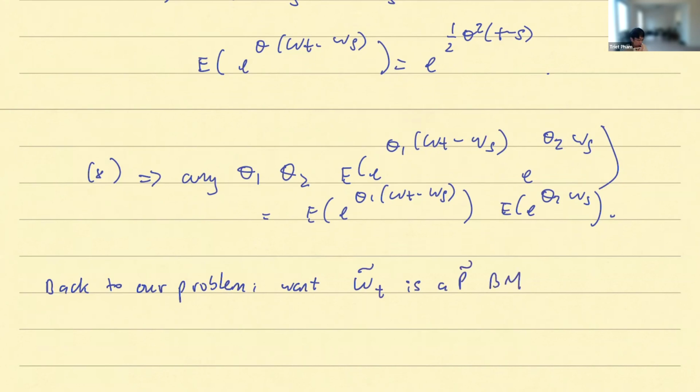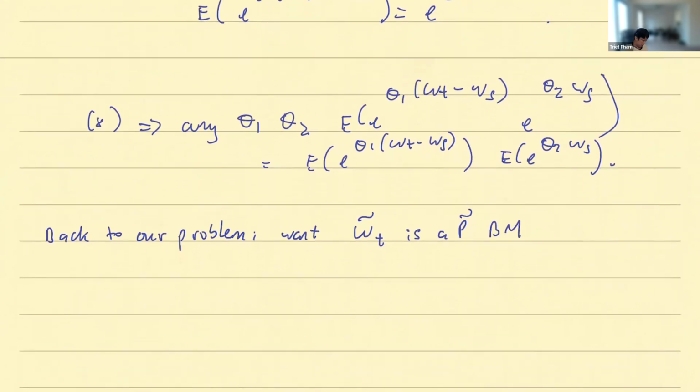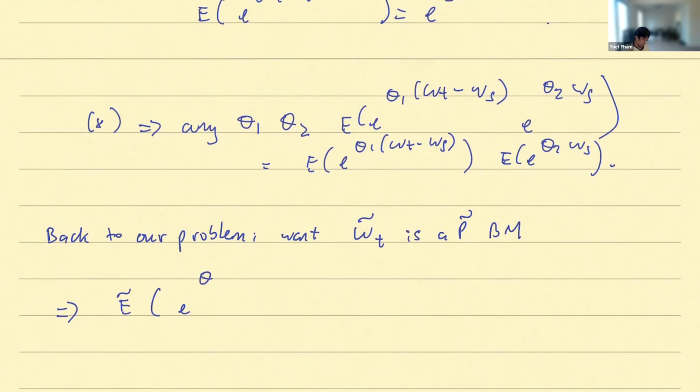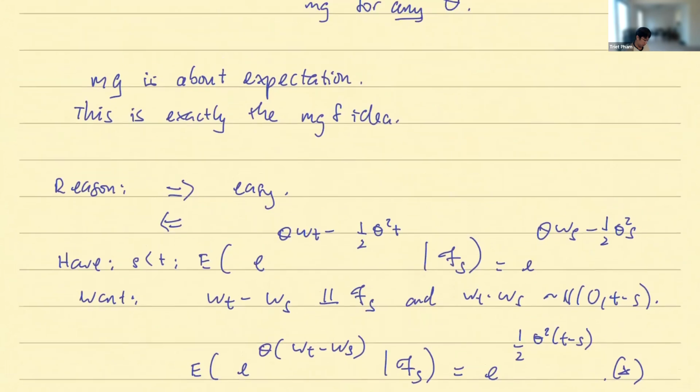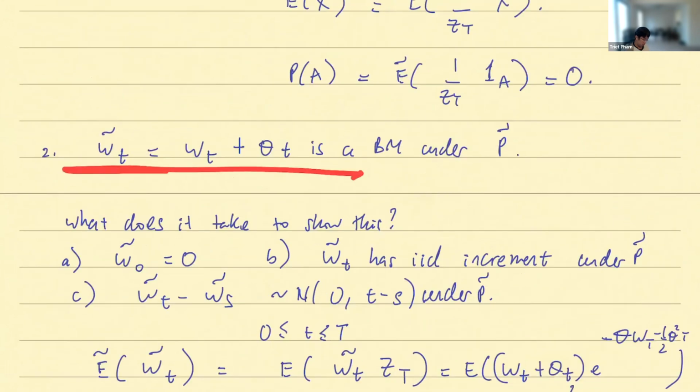So now, armed with the martingale characterization, you can see that we can simplify our problem like this. We can show that e to the theta... it might be confusing because we already have a theta up there for the definition of W tilde.